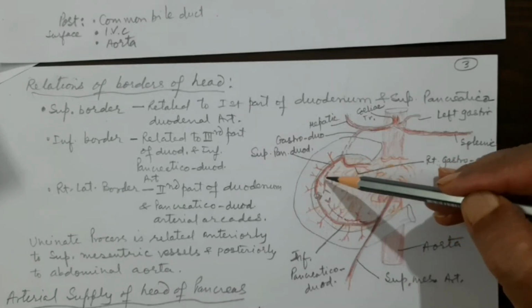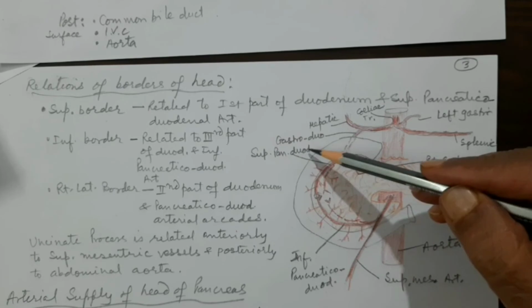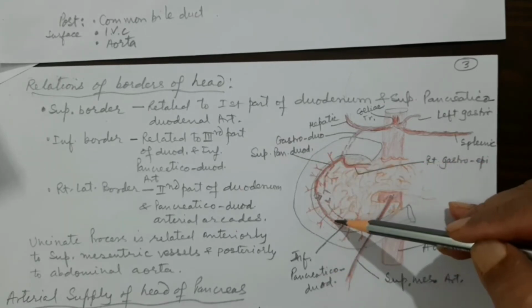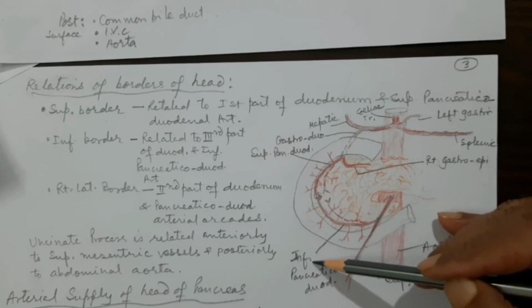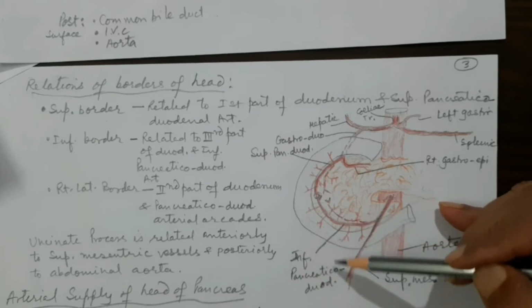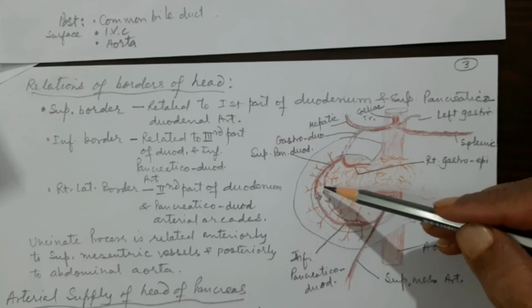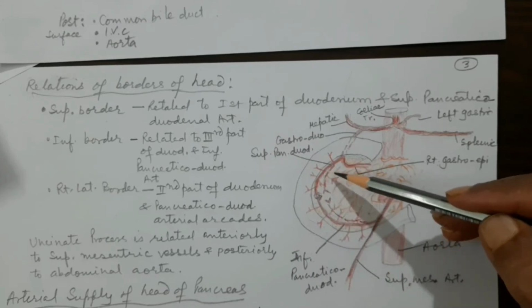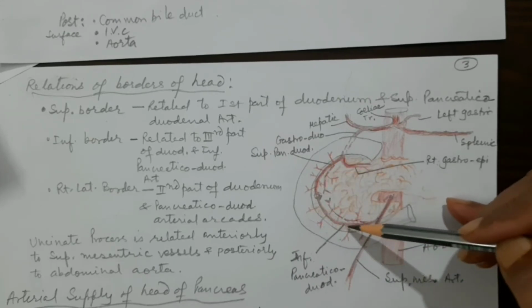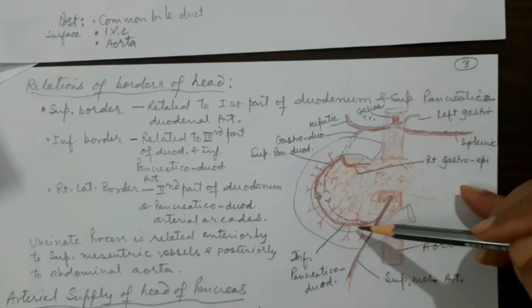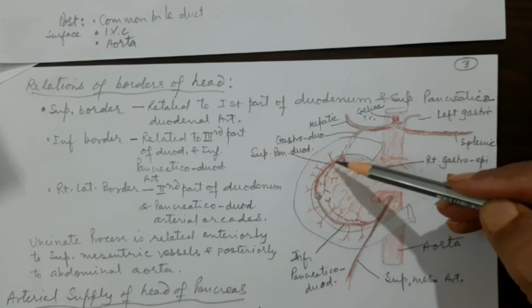So this is anterior and posterior superior pancreaticoduodenal, and here in the similar way it is the anterior and posterior of inferior pancreaticoduodenal. And these arteries anastomose with each other, and here you can see they are forming an arch along the concavity of the duodenum.